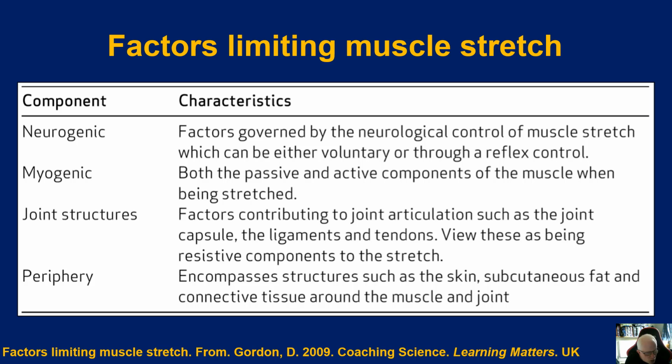Then there are the myogenic. Myo is the Latin for muscle. Those are both the active and passive components in the muscle itself, and that is very much dictated by the architecture of the muscle. How are those muscle fibers laid out? Are they pennate? Are they bipennate? Are they fusiform in terms of their structure?